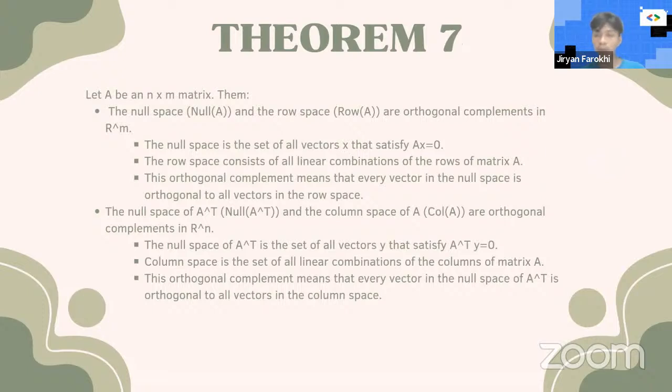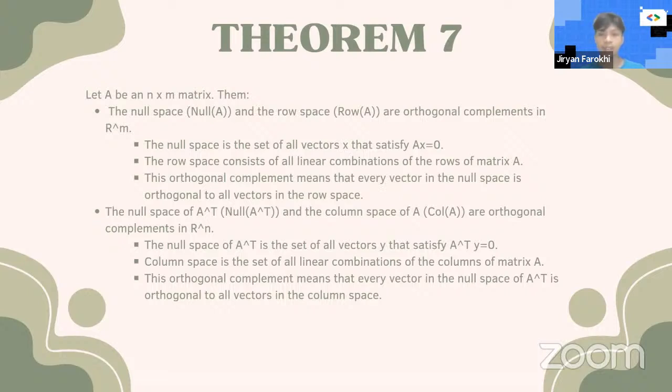Let's move on to theorem 7. This theorem applies these ideas to the fundamental subspaces of E. Let E be an n by m matrix. Then the null space of E and the row space of E are orthogonal complements in Rm.